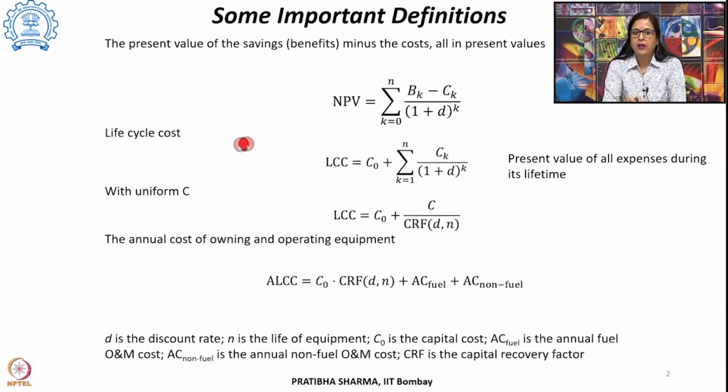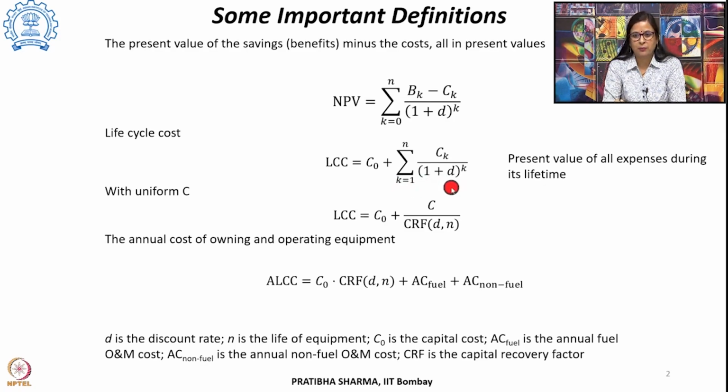Now, when we have to find the life cycle cost of an energy producing plant, then that can be obtained by adding the initial investment and the present value of all the expenses summed up over its lifetime.